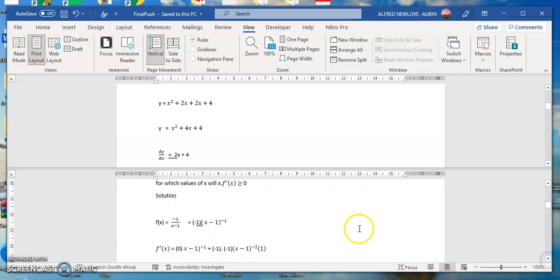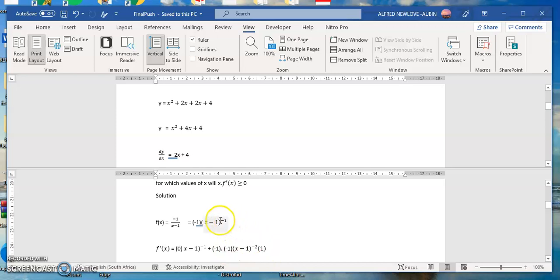Now, if I want to find the first derivative, what is it going to be? I'm supposed to differentiate this one and keep this. So if I differentiate this, it will be 0. If I keep this, then plus, I'm supposed to keep this negative 1 and differentiate this. Remember, I taught you how to differentiate this.